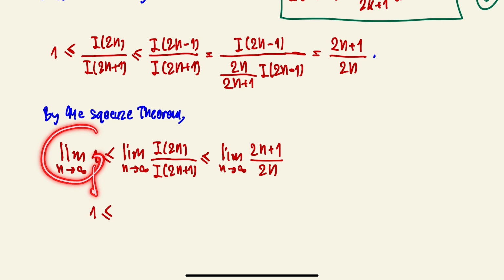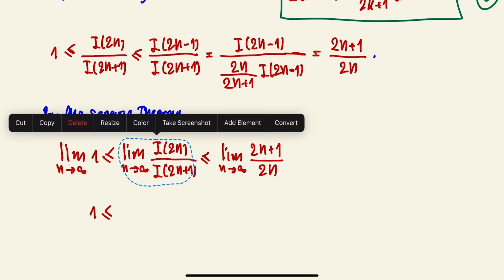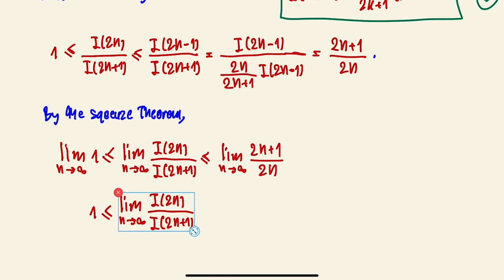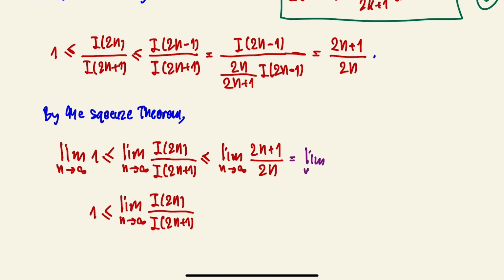This limit is 1, and this limit remains the same. Why is it 1? When we factorize n, we have n times 2 plus 1 over n, over 2n, so this n will be cancelled.